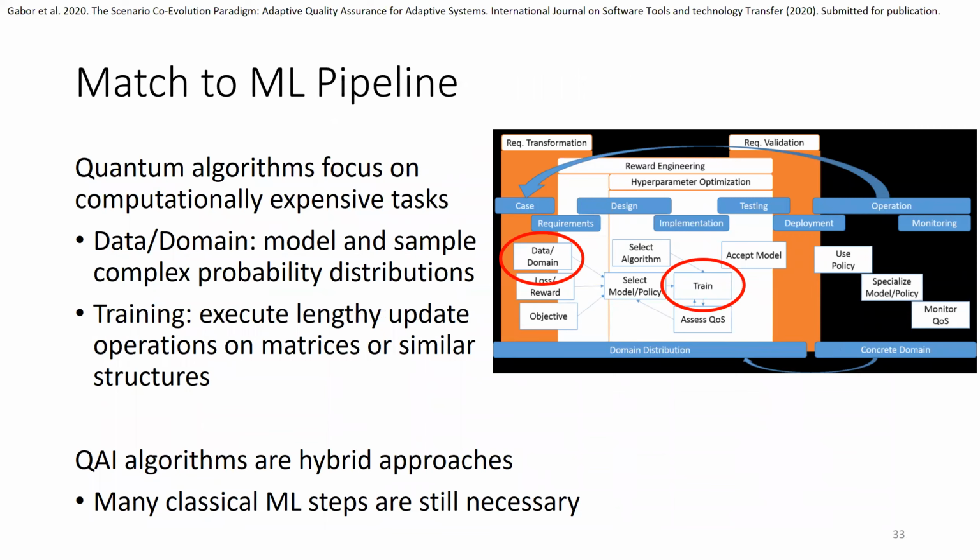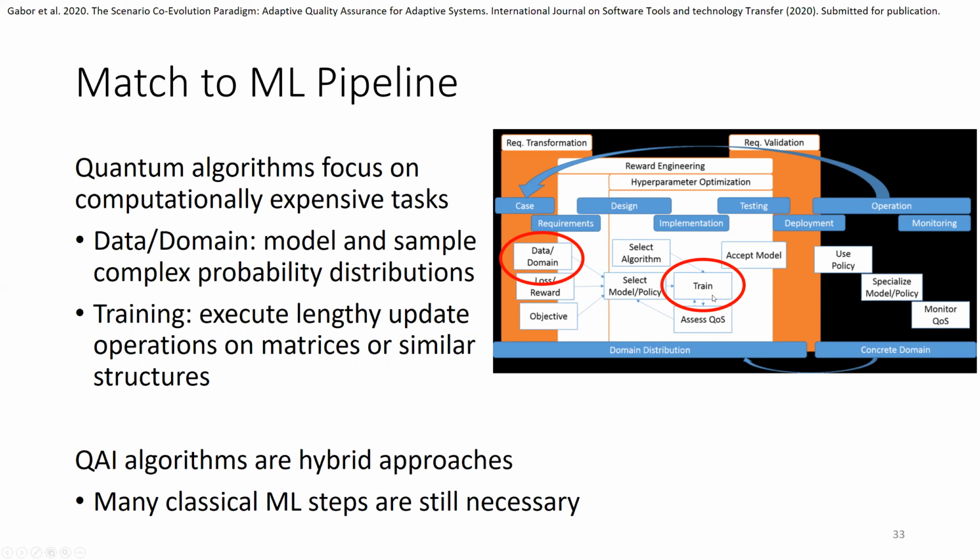This is an example of a machine learning pipeline. There are several other machine learning pipelines as well, but you see the requirement transformation, reward engineering, hyperparameter optimization, and some other topics. What I would like to say is that the quantum algorithms we found focus, of course, on computationally expensive tasks. First, at the data and domain part, this is computationally expensive: you need to model and sample complex probability distributions.